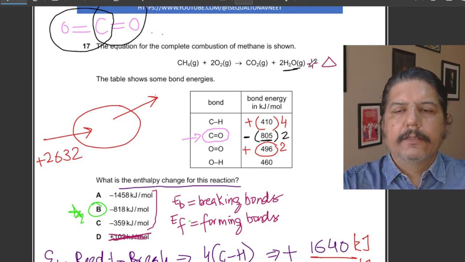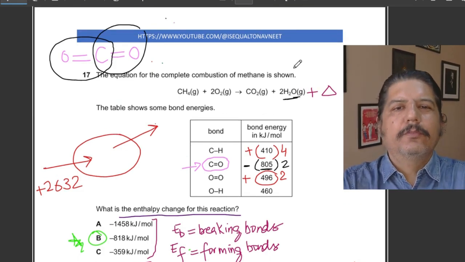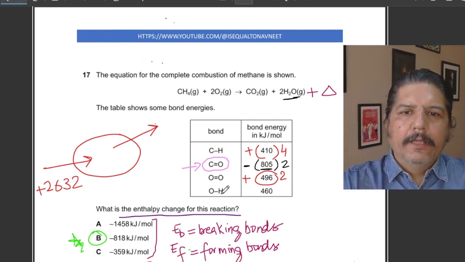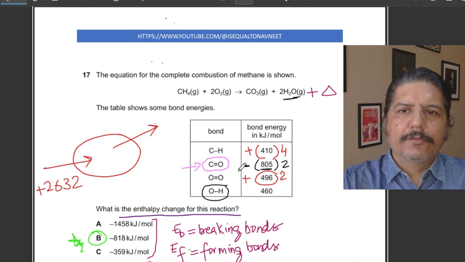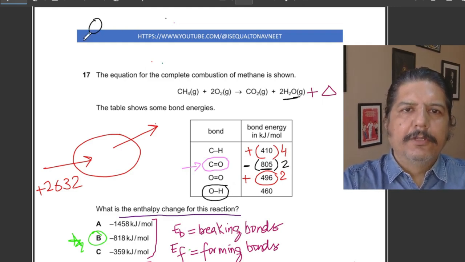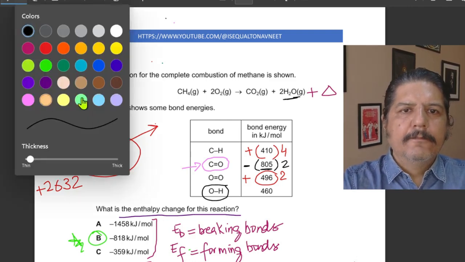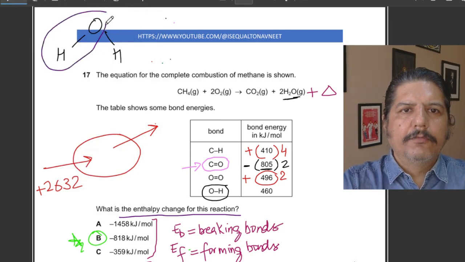Now let us look at H2O. Again, let us assume that you don't understand bonding, but if you look at this, you'll get a hint. So this is what will be happening in H2O: there will be an oxygen, hydrogen, hydrogen. Now this is where you need to be a bit careful. This is one O-H bond, and this is the second O-H bond.